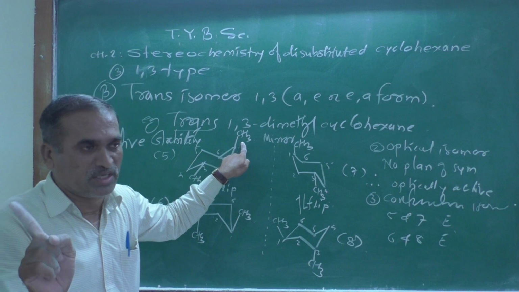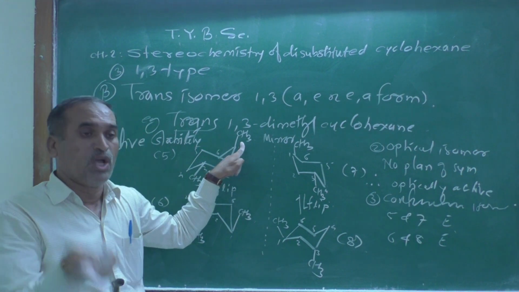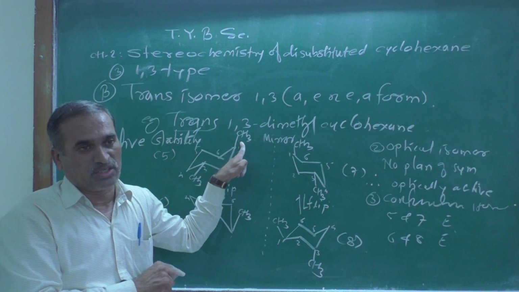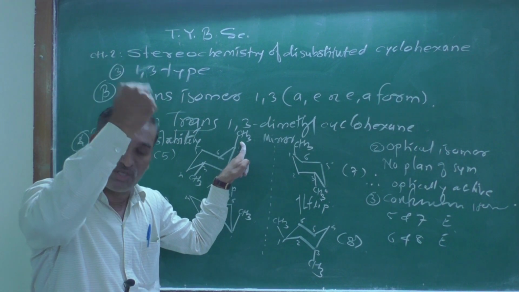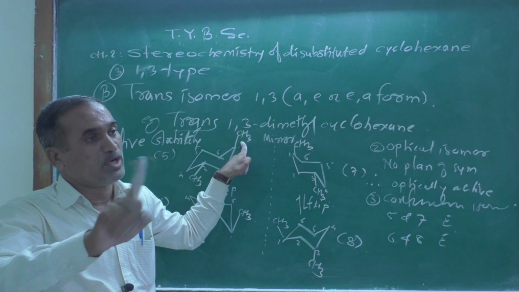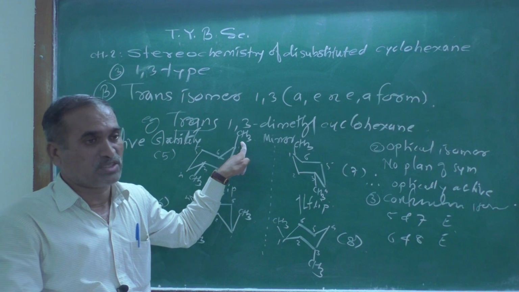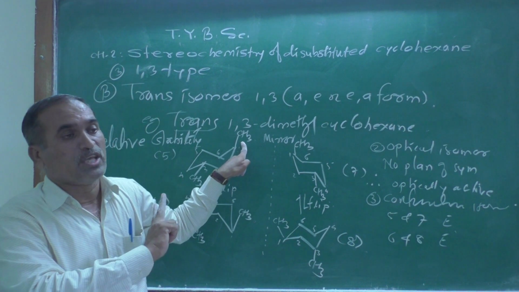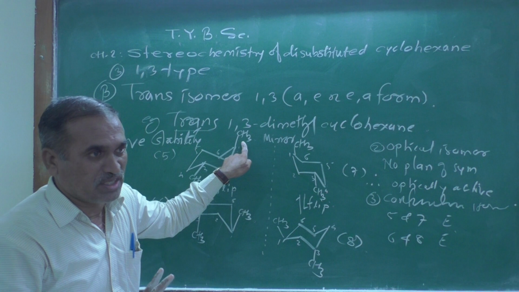There is no 1,3 diaxial interaction. The possibility is only the butane gauche interaction, and we have learned that in the case of 1,2. In 1,2 there is a butane gauche interaction, but in 1,3 there will be no butane gauche interaction.